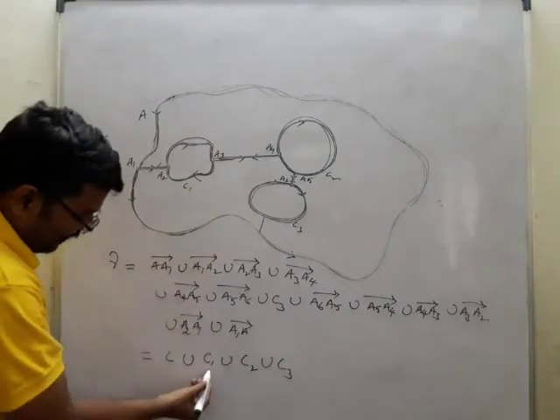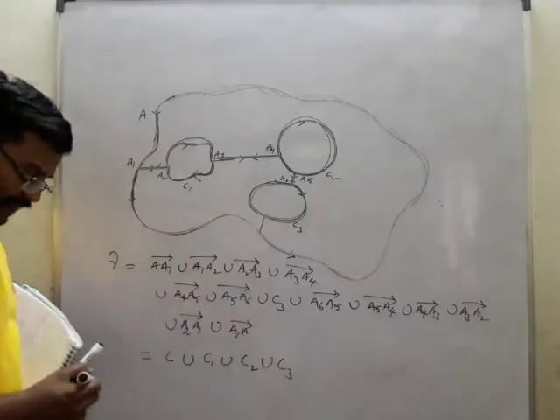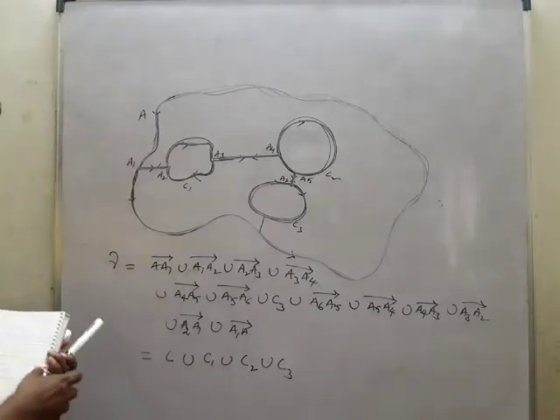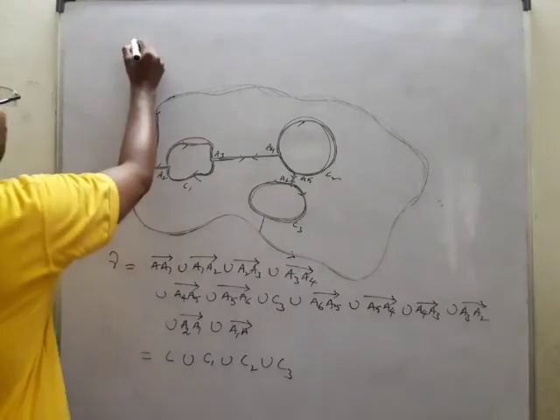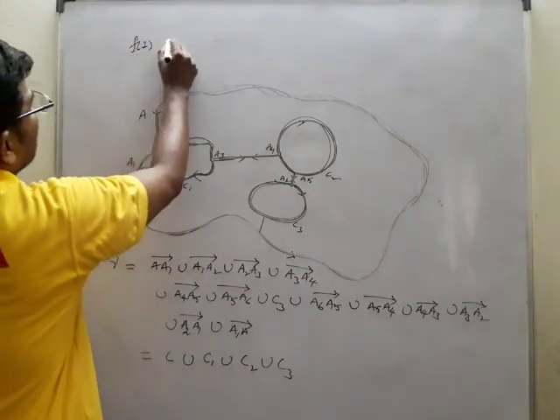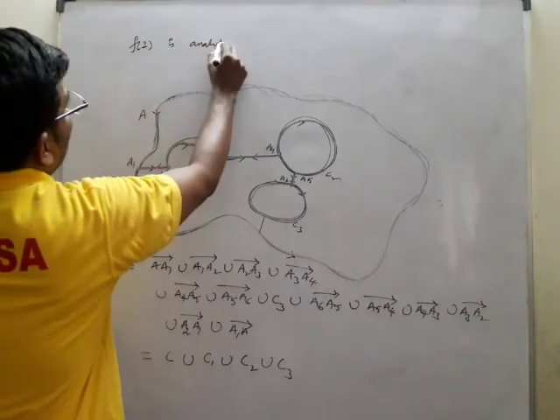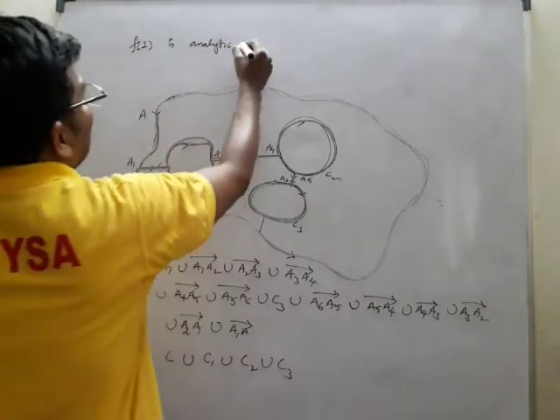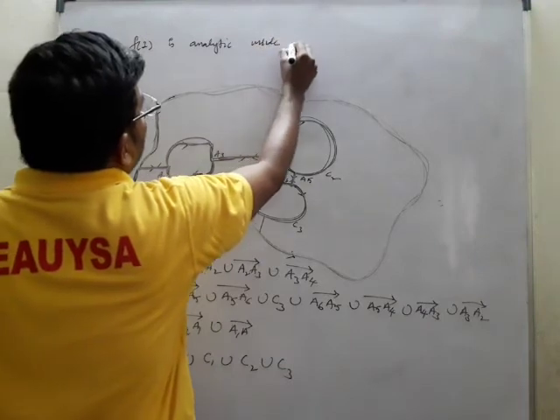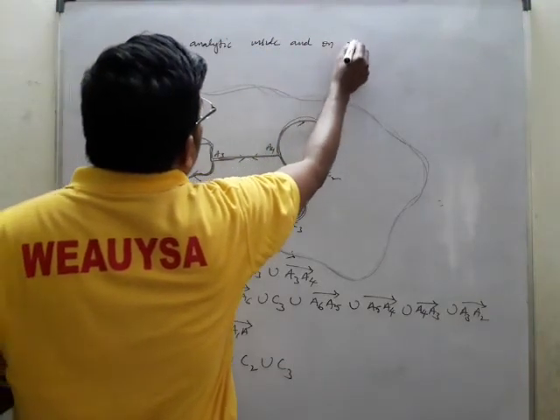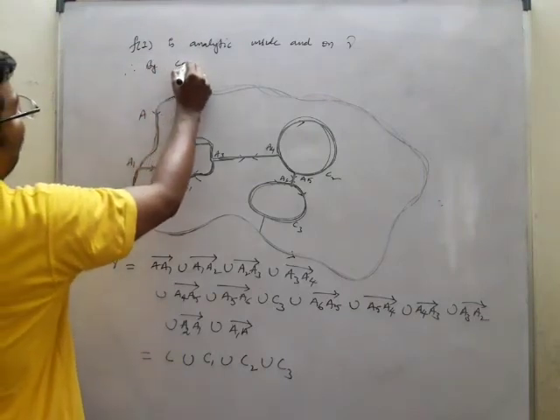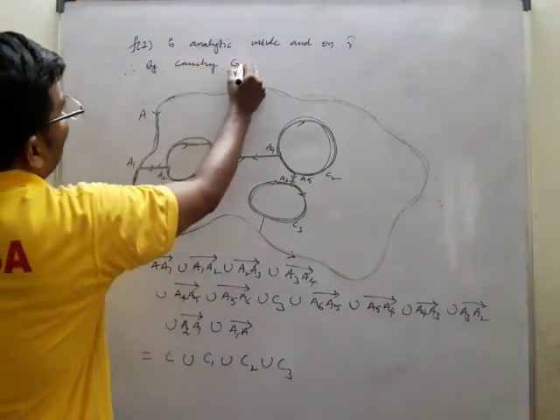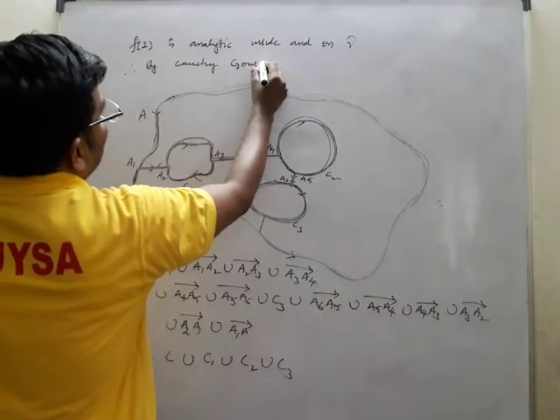Now you got C, C1, C2, C3. Total together you got all the things. Because f of z is analytic inside and on gamma, by the Cauchy-Goursat theorem, just now we proved, no?